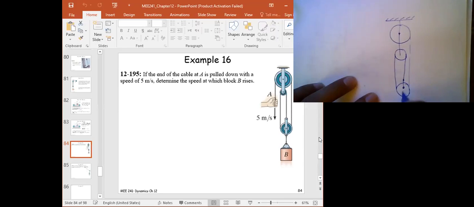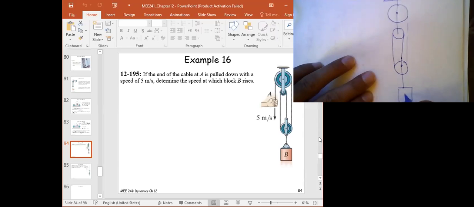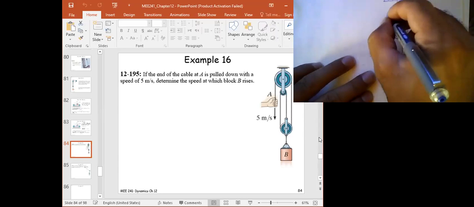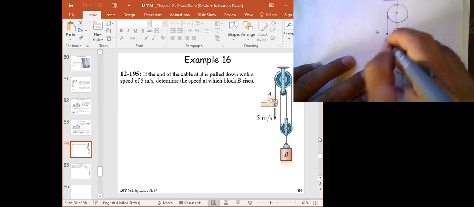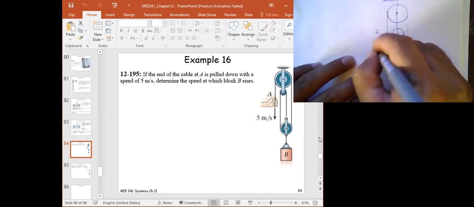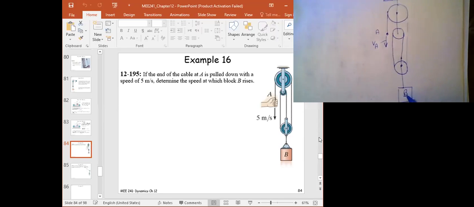Then I have this block here, B. This is point A. If I'm moving point A with the velocity VA, maybe someone can help me find the velocity at B. Can someone quickly take a guess and tell me the ratio of velocity of B over VA, or how VB is related to VA?